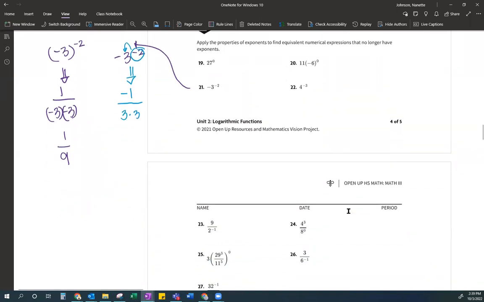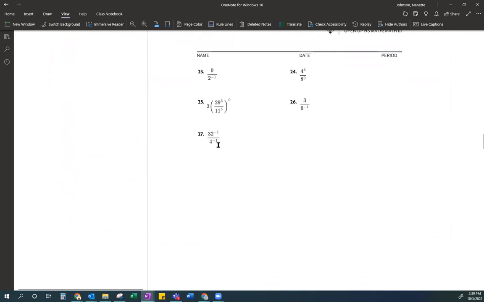Okay. Last but not least, number 27, these negative exponents, right? So again, what I want to do here is say 32 to the negative first means I'm going to divide by a 32. So put the 32 on bottom, Miss Johnson. Yeah, I'm going to put the 32 on the bottom. Just as a placeholder, I'm going to put that 1 on top.